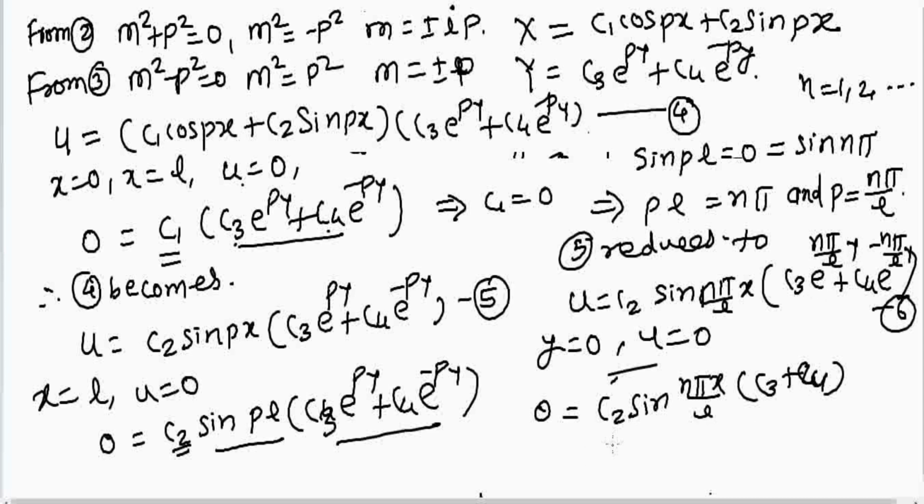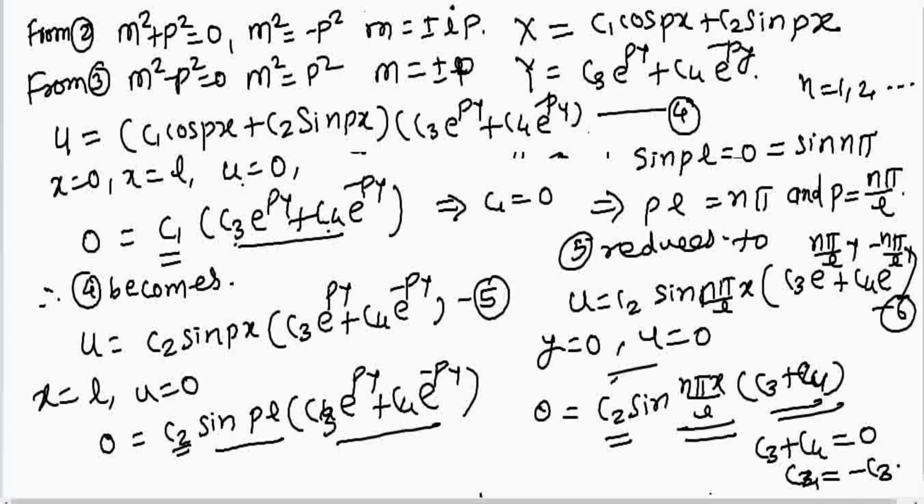Okay friend, C2, as I have already told you, cannot be equal to 0. If C2 becomes 0, then the whole term will be 0. This is a variable term, so it cannot be equal to 0. Therefore the only possibility that remains is that C3 plus C4 must be equal to 0, and this gives us C4 equal to minus C3.